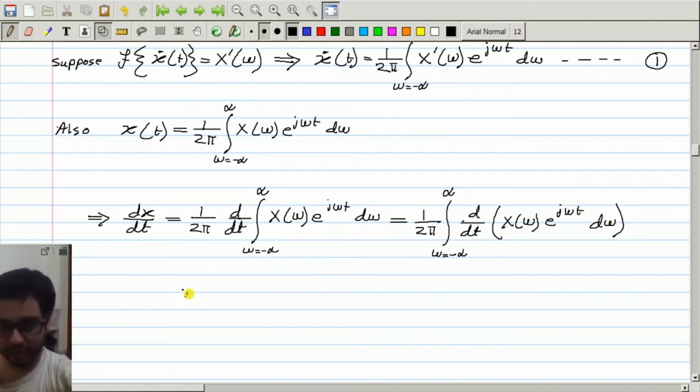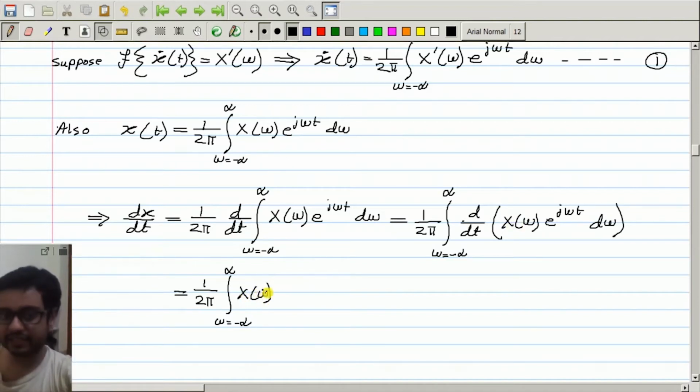Okay, now this is same as 1 over 2 pi integration over omega from minus infinity to plus infinity. Time derivative of capital X omega is X omega itself, as this part does not depend on time at all, and time derivative of e to the power j omega t is e to the power j omega t multiplied with j omega. d omega is as it is.